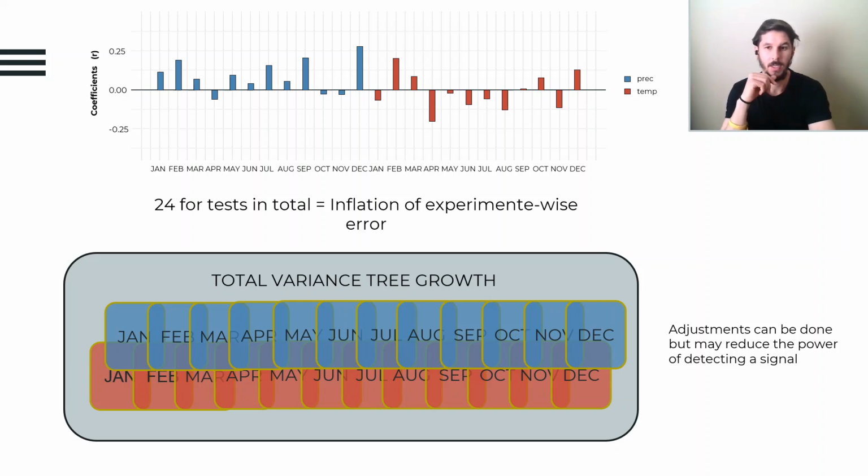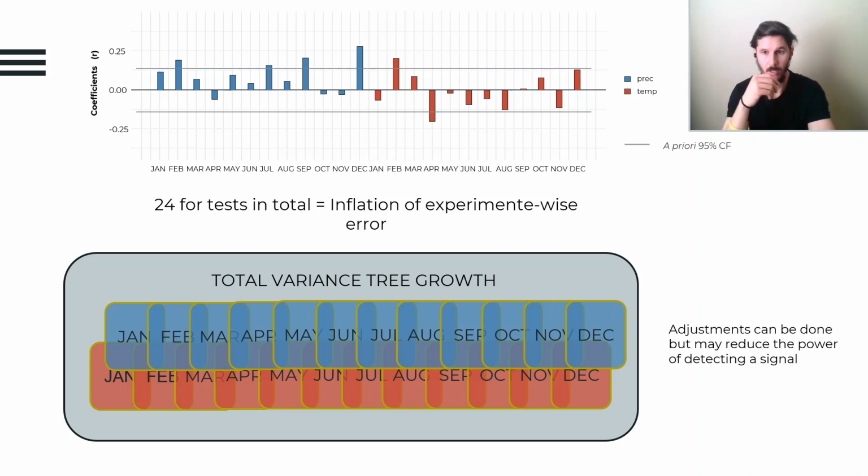Also, there's the added issue that if you're trying to do any statistical task to see how significant your estimations are, you are doing 24 tasks in this case, and this can greatly inflate your experiment-wise error, right? Because the chances of finding a significant month just by random chance increase a lot. You could adjust this, right, to reduce your chances of finding a false positive, but you usually also reduce the power of detecting that signal as well.